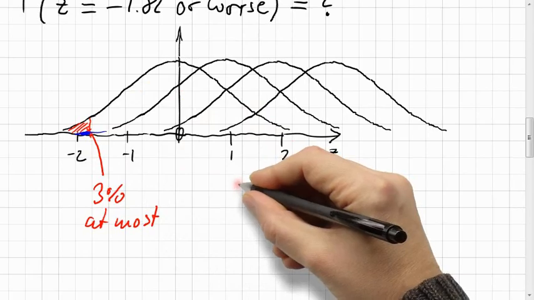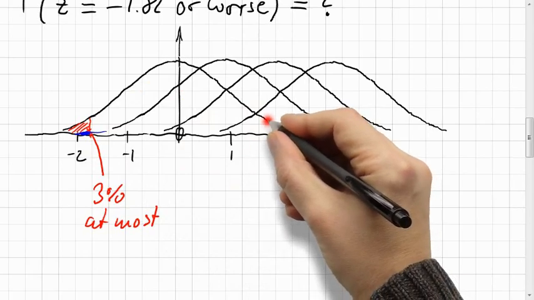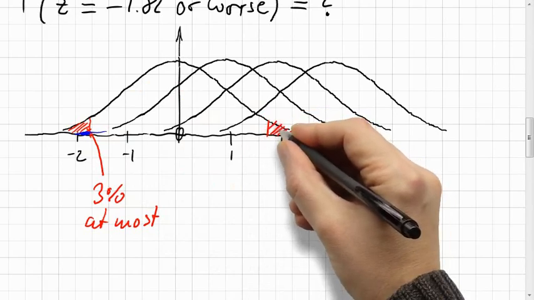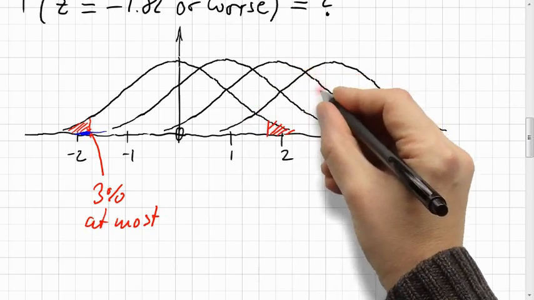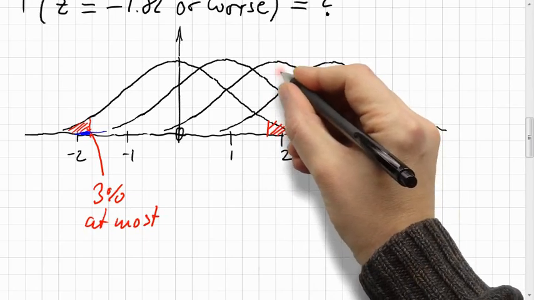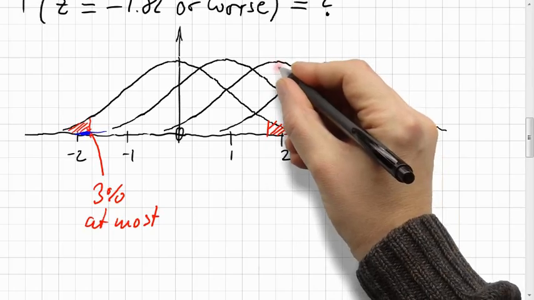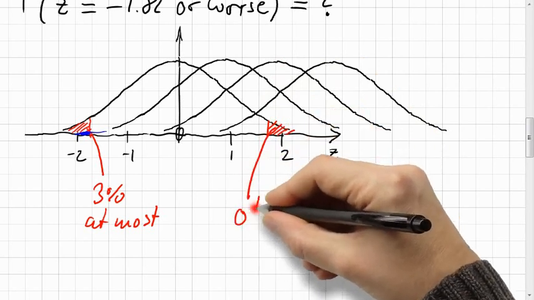That's one difference to the case before, and there is yet another difference. If we end up here at plus 1.82 or something, we cannot say anything about that. This would be perfect, for instance, if the expected value is 8, and we do not know if the expected value is 8. So, we simply have to ignore that one.